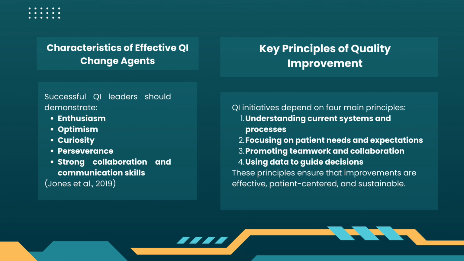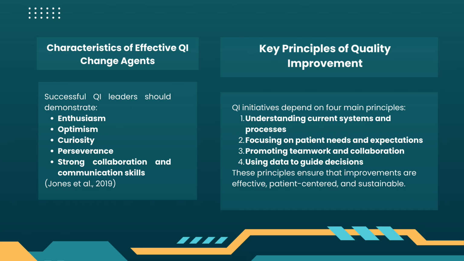Because po, it is important po na sustainable po ang magiging project natin in order nga po to meet the matrix. Kasi part po ng matrix po ng isang healthcare facility is yung cost po natin. And then, the next slide po is we have the characteristics of effective QI change agents.